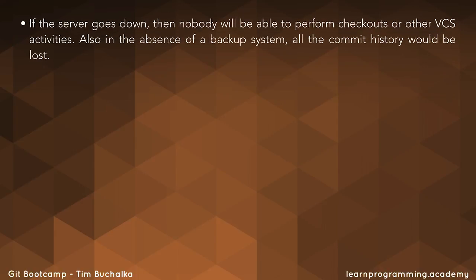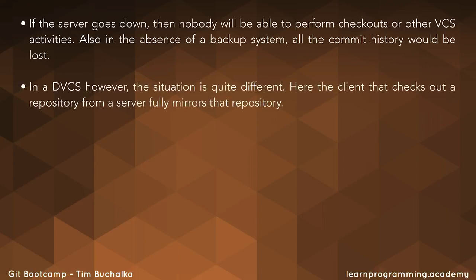So if that server goes down, then literally no user will be able to perform checkouts or other version control system activities. And in a worst case scenario, in the absence of a backup system, the entire commit history would be lost. Now contrast that to a distributed version control system, the situation is quite different.